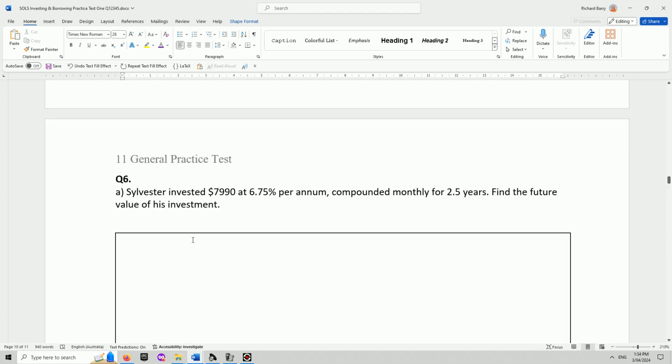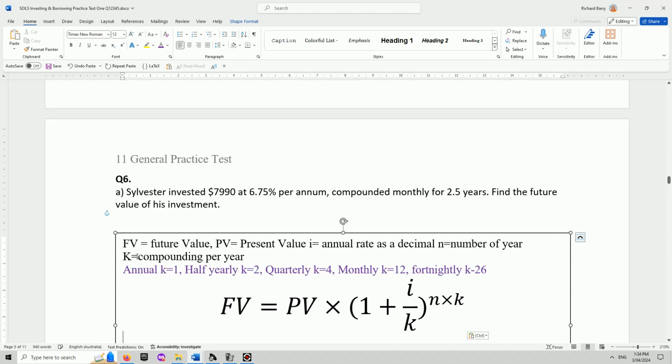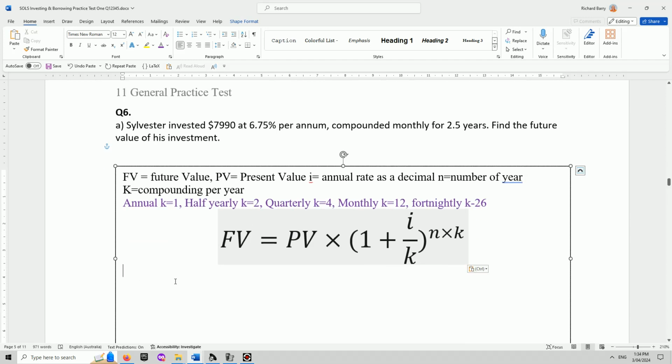Question 6 has multiple parts, there are more questions happening. Looking at my problem, in this question the future value is a question mark: find the future value of his investment.